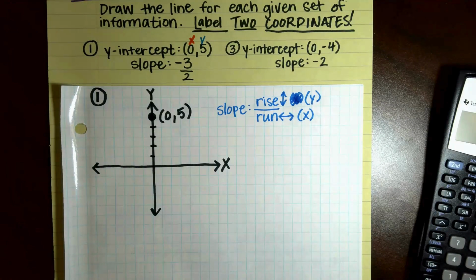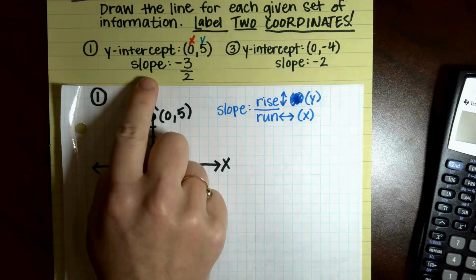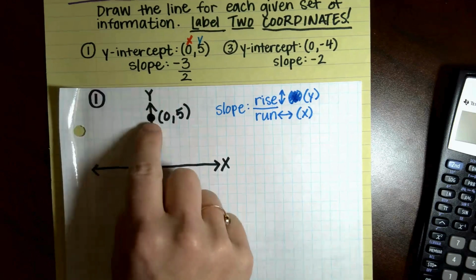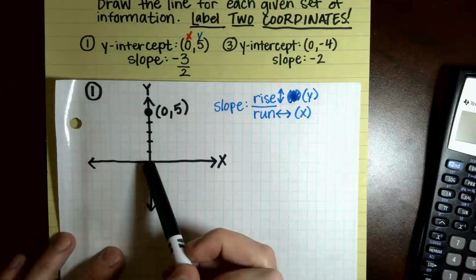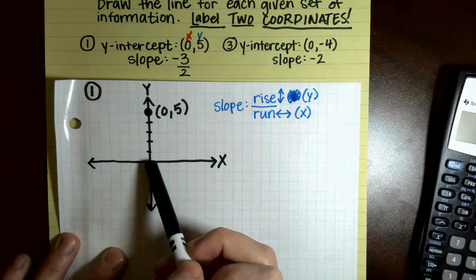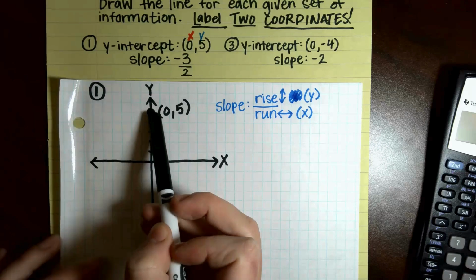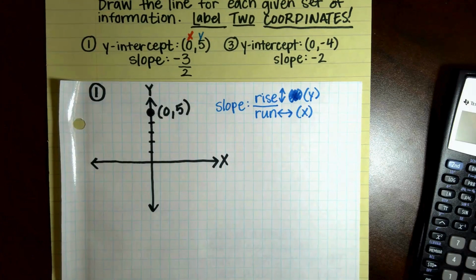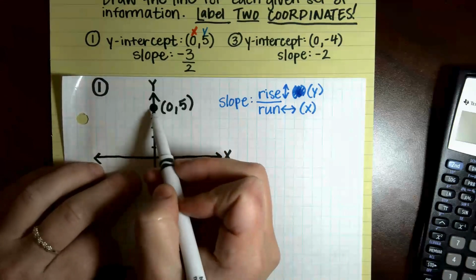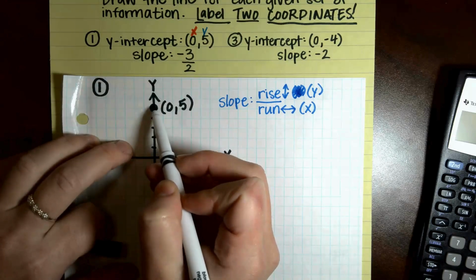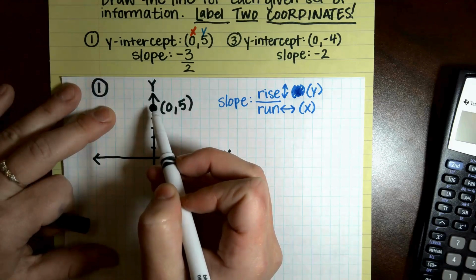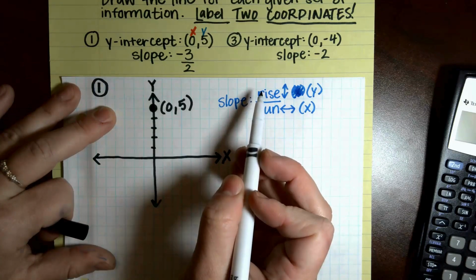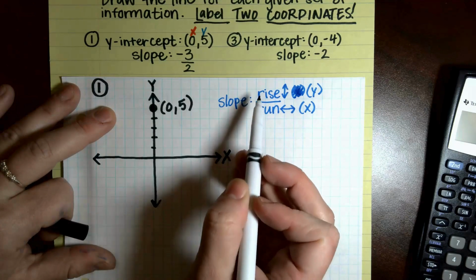Okay, so whenever we are trying to draw a line and we are given a point and a slope, we aren't just going to go back and start from our (0, 0). We're going to start from the point they gave us, right? Yes. So our slope was -3 over 2. We're starting with our rise and then our run, remember?